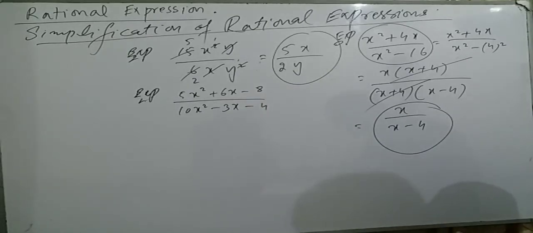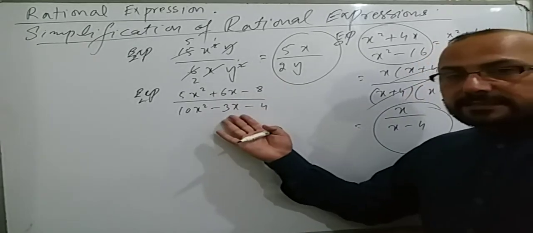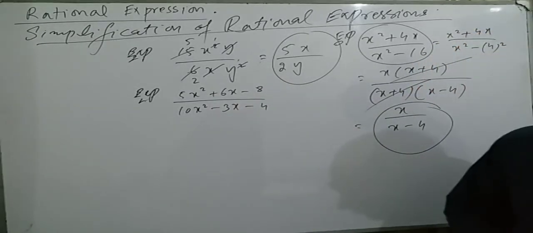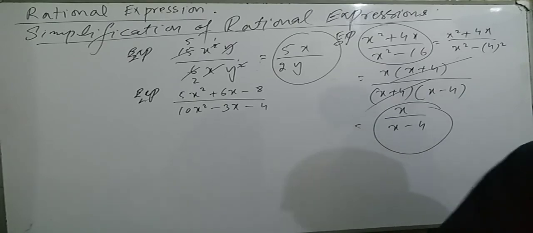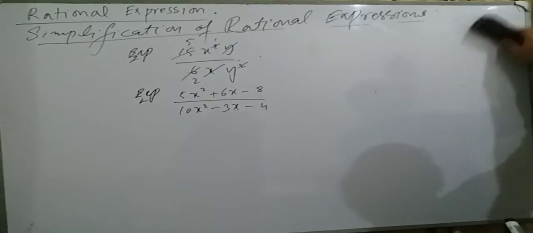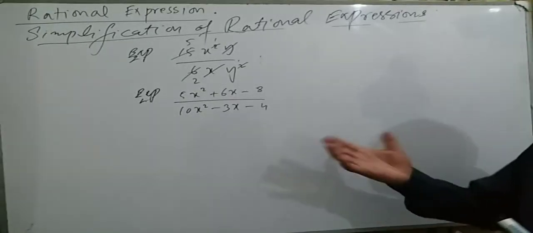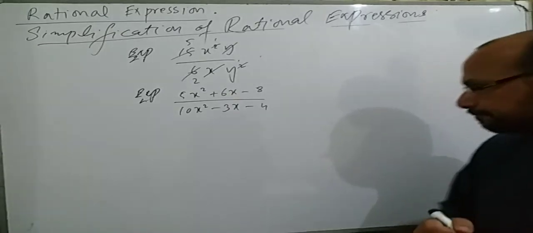Now if we need the simplified form of this rational expression, what do we have to do? First we will make the factors. As I mentioned in my previous classes, factorizations are very important, because you need factorization again and again.